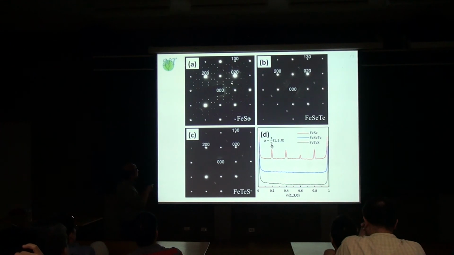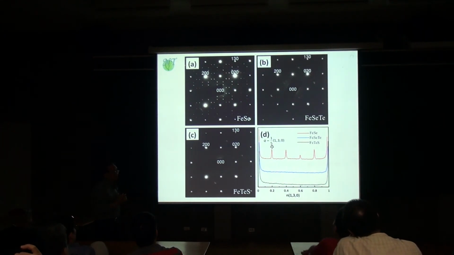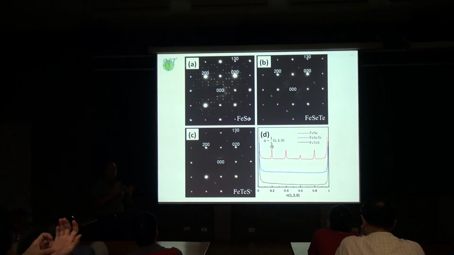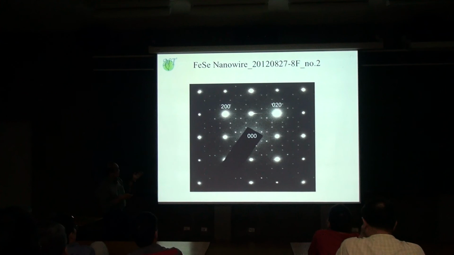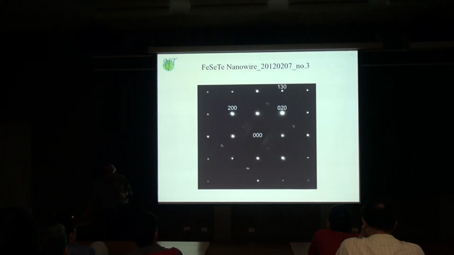You do have a superstructure, which is the defect order, and that seems to be very critical for this system. You always have this kind of defect, and when it is gone, it becomes superconducting. So can we do something like this?